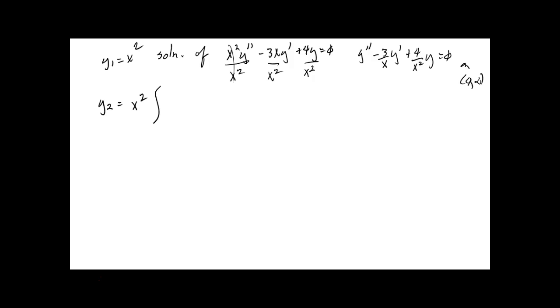Your p of x was the coefficient function of your y prime. So that would be the integral of e to the minus integral of p of x dx, over y1 squared of x, and then that's times dx.